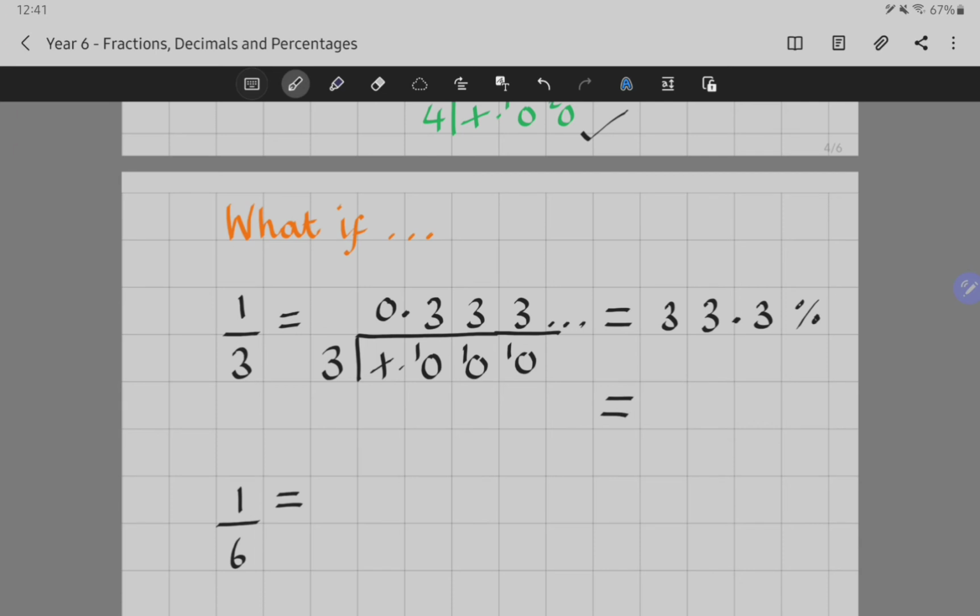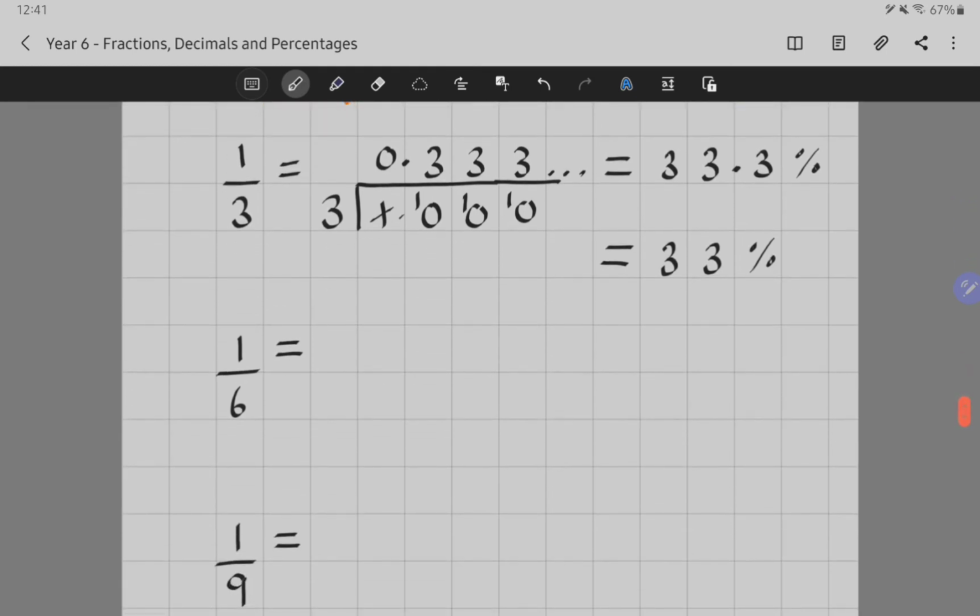Or often we see it rounded. So if I was to round this to a whole number, it would be the equivalent of 33%. Okay. What about 1/6 and 1/9? See if you can use the same method to find what percentage 1/6 and 1/9 is equal to.